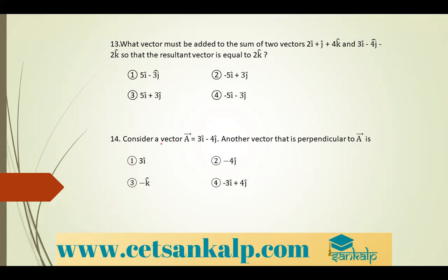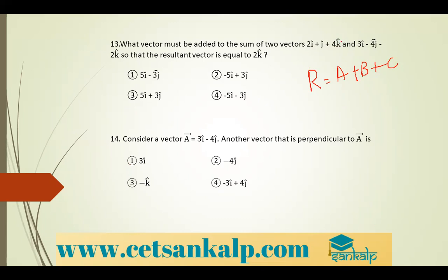Initially I can write it as R is equal to A plus B plus C. Okay, what have they given for this problem? 2i cap plus j cap plus 4k cap, 3i cap minus 4j cap plus 2k cap, and the resultant is equal to 2k cap.